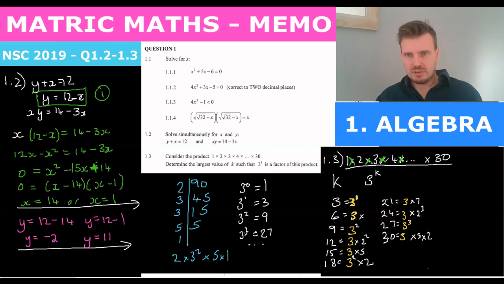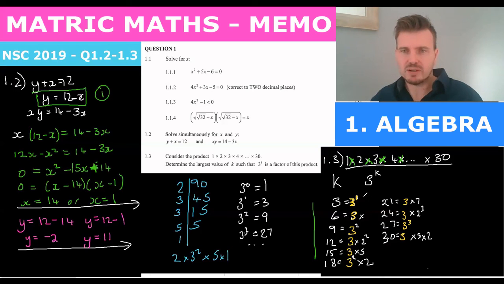Now, I've found all the factors of 3 here, and those would be multiplied together. So if I multiplied all the 3s together, I would have 3 to the 1 times 3 to the 2 times 3. So all the ones in yellow are basically being multiplied.